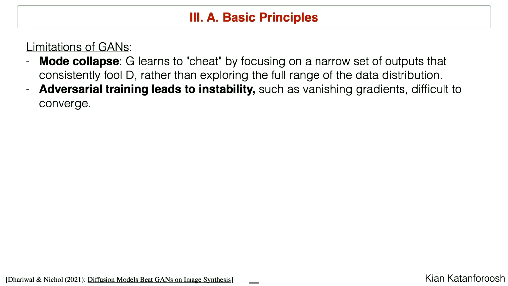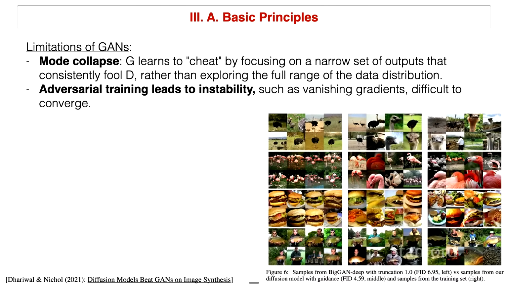If one model gets stuck, the other gets stuck. It's double problematic. And so, Dhariwal and Nichol in 2021 started to talk about how GANs might not be the best approaches for image generation and image synthesis.